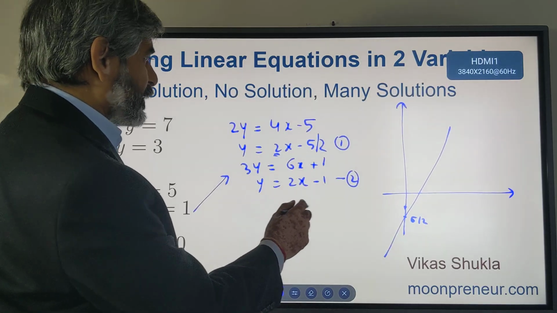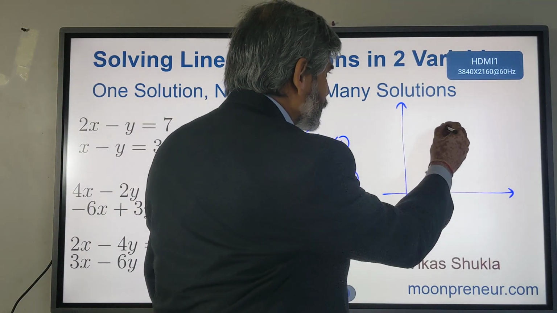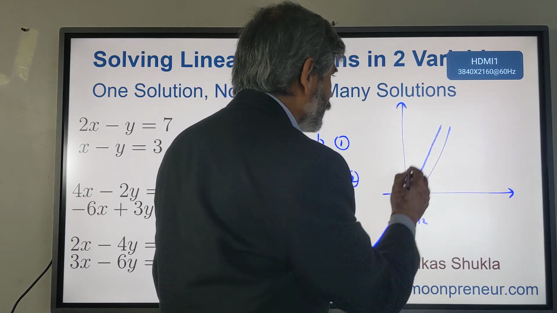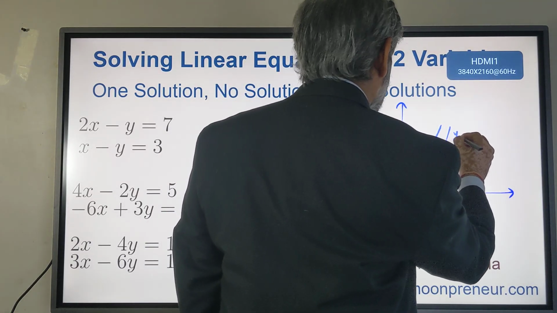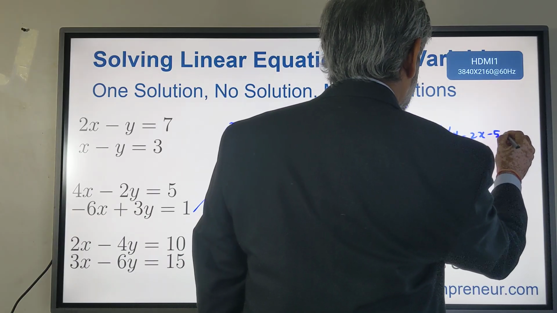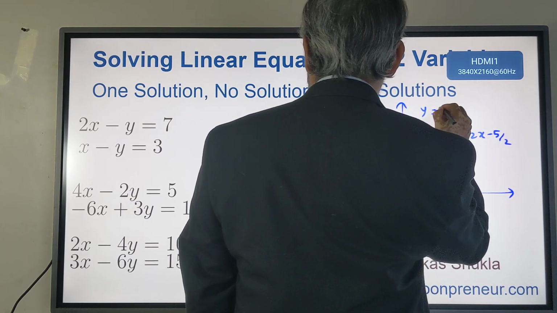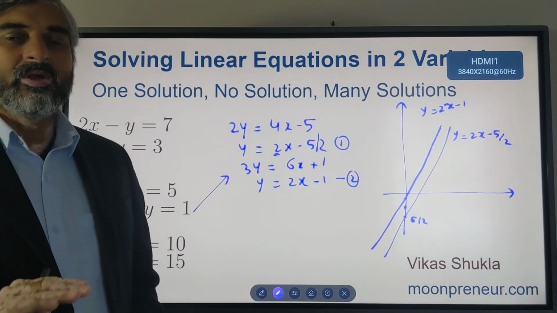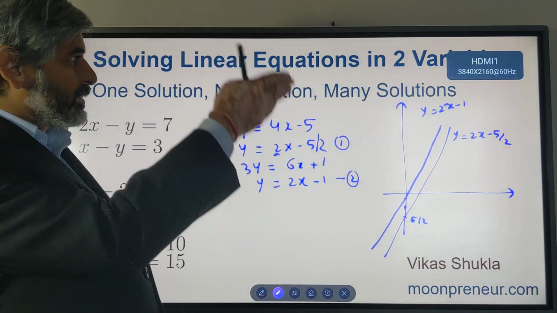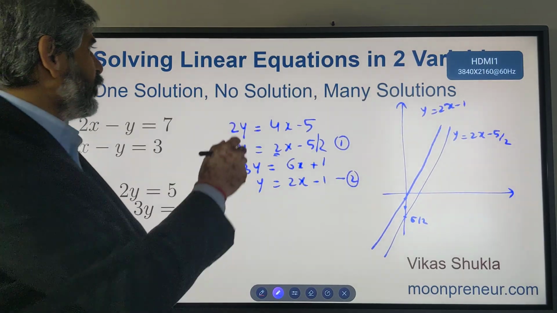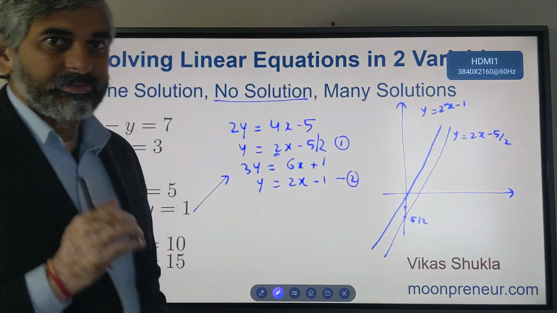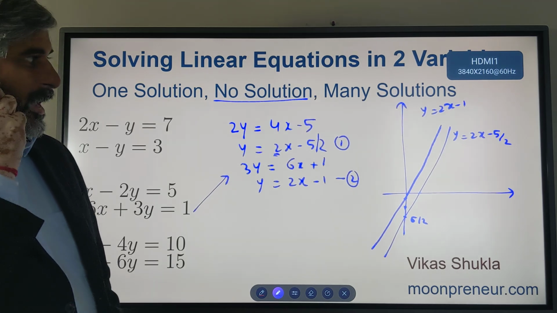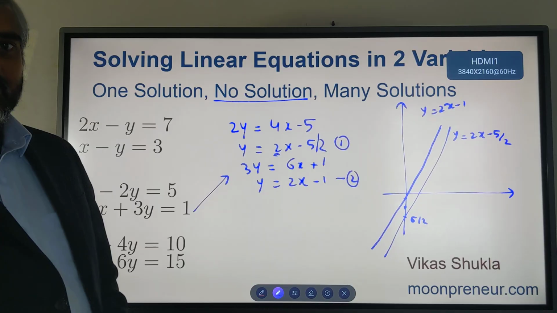Now this one has a different intercept, but the same gradient, which means that line number 1, y equal to 2x minus 5 by 2, and this line, y equal to 2x plus 1, are parallel. They are not going to intersect at any point, and therefore this will have no solution.